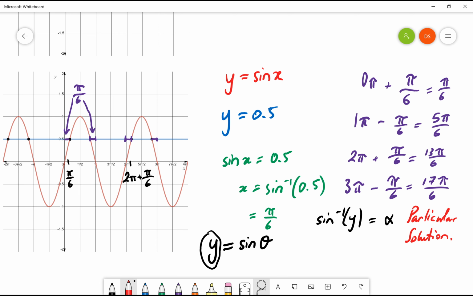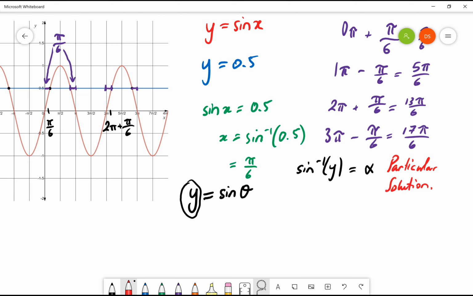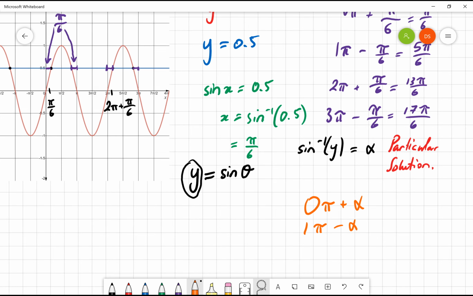And then we'll look at how we get the next few solutions from the alpha. Well, the first one was, once again, 0 pi plus alpha. Then it was 1 pi minus alpha. So this alpha could be anything.